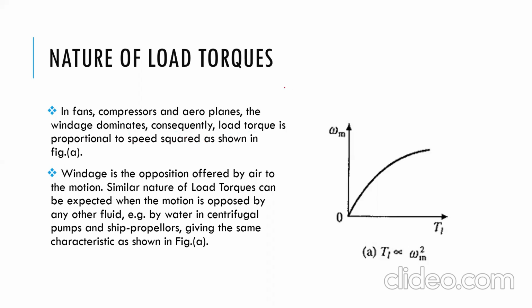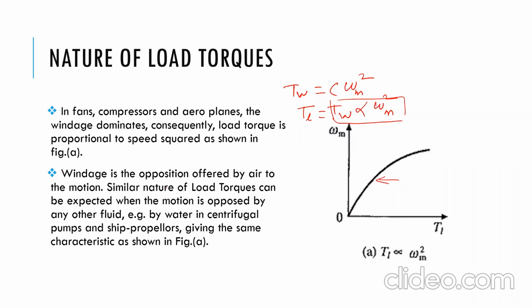We have seen that the equation for windage torque T_W is equal to C into omega_M square. Means what? The torque where windage torque dominates will have a curve proportional to speed square. This type of curve you will get, and that curve is shown here. This is the curve where windage torque dominates.